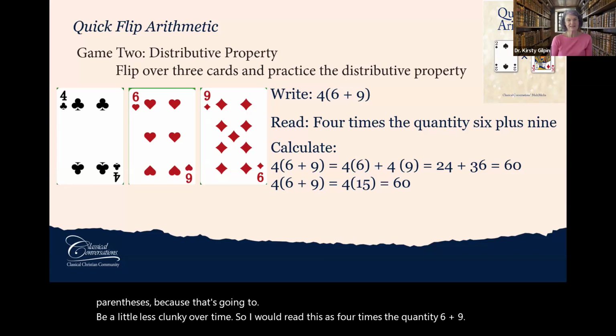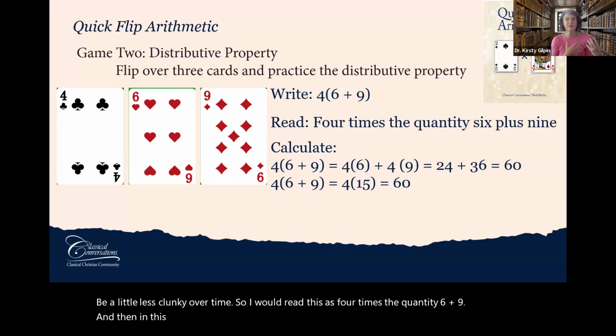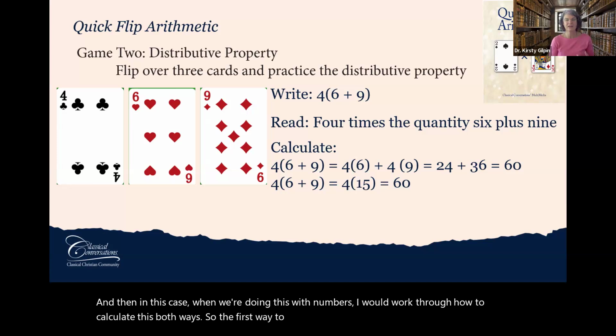And then in this case, when we're doing this with numbers, I would work through how to calculate this both ways. So the first way to calculate this is by using our distributive property, right?